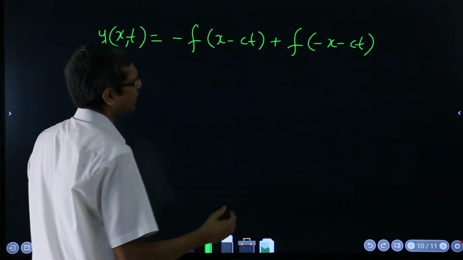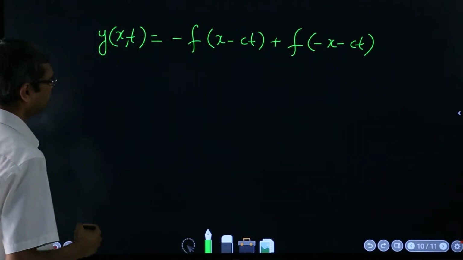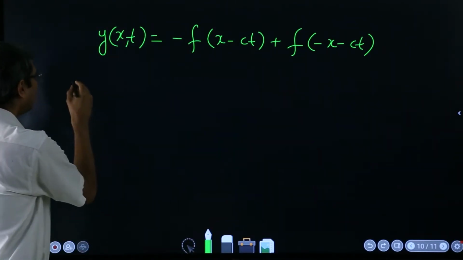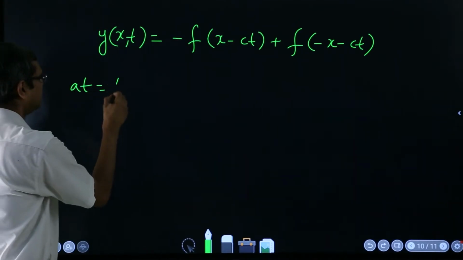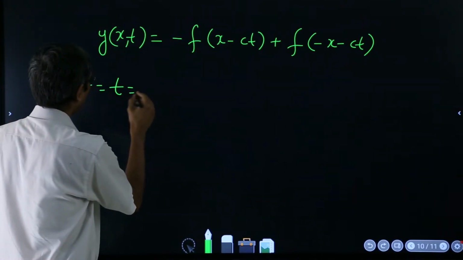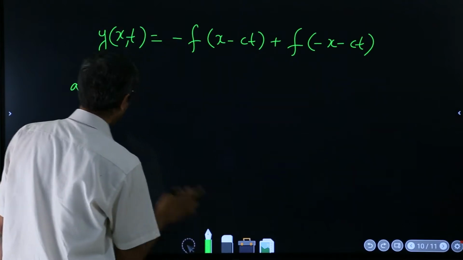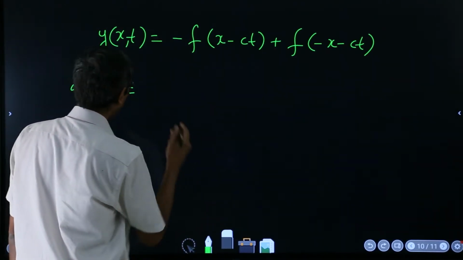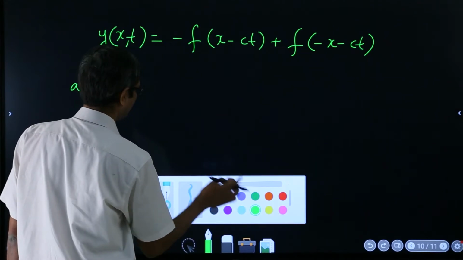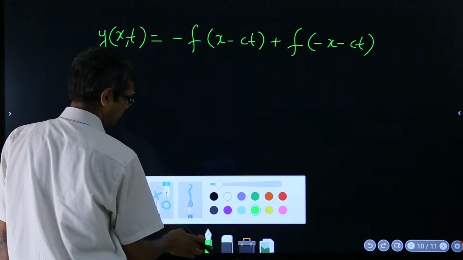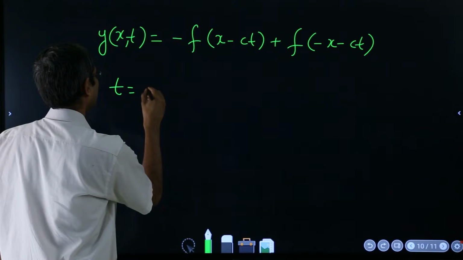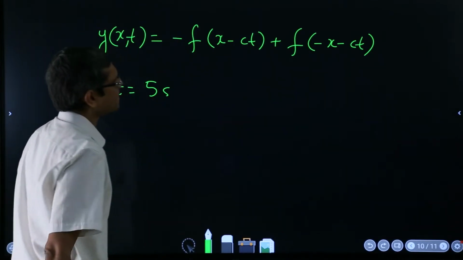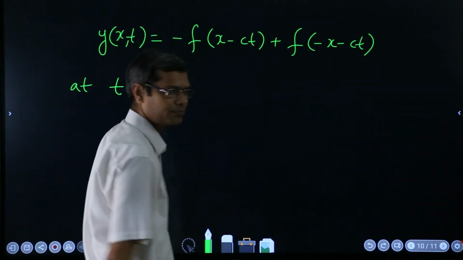Think about it, say at t = 5 seconds, this wave is somewhere.